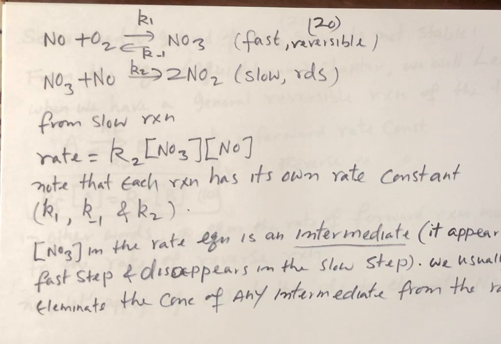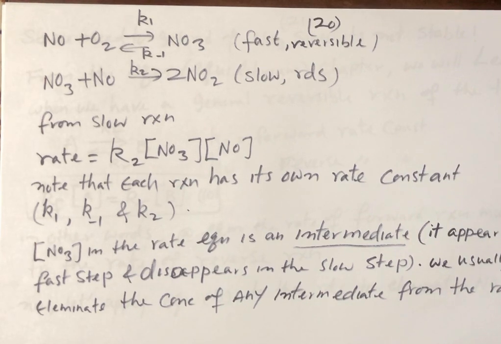So the only time we can actually forget about M and N and just use the coefficients is when you're dealing with a slow step or elementary reaction in general in a given reaction mechanism.